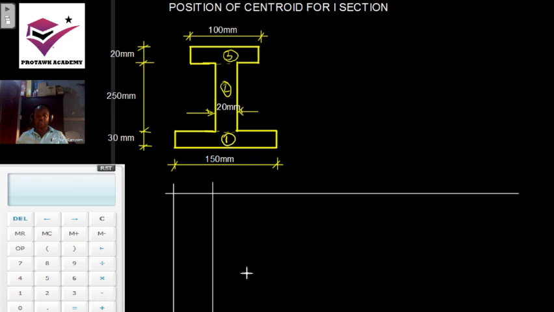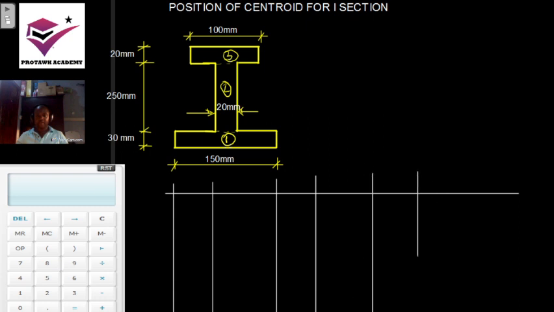We have the first shape, we have the second one for area, we have this for x, we have this for x multiplied by the area, we have this for the y, we have this for y multiplied by the area. So how many rows?